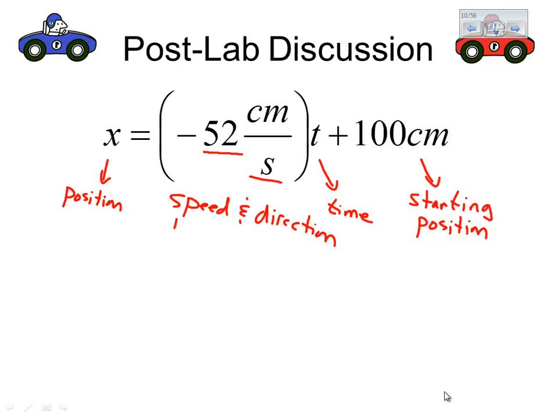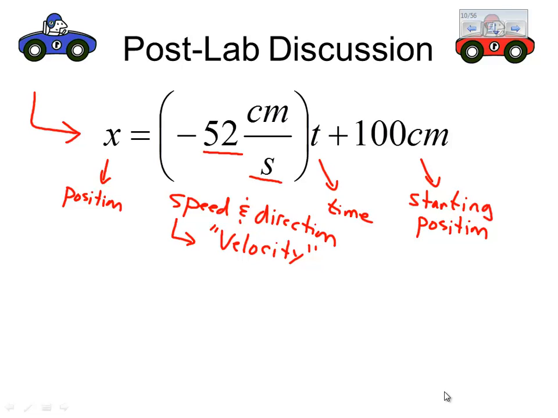And in physics, we call that velocity. So the slope is not just speed, it's velocity, and velocity is how fast something is moving and what direction it's moving in.